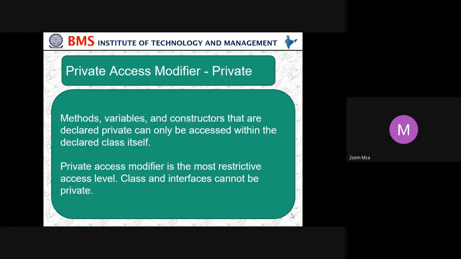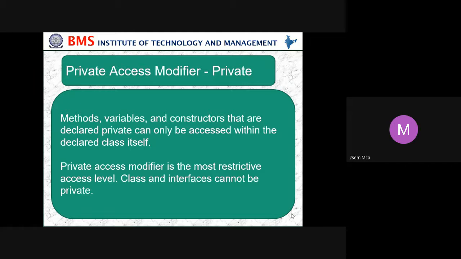Methods, variables, and constructors that are declared private can only be accessed within the declared class itself. The private access modifier is the most restrictive access level. Class and interface cannot be private.